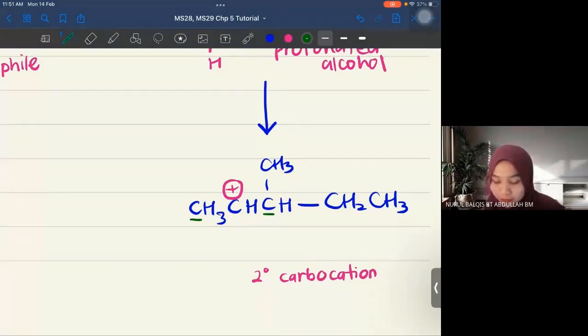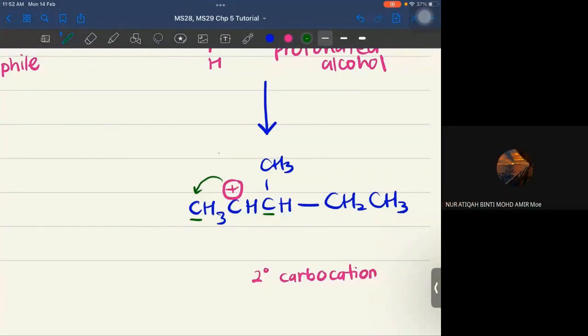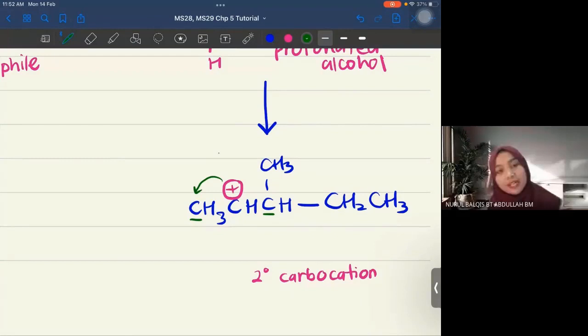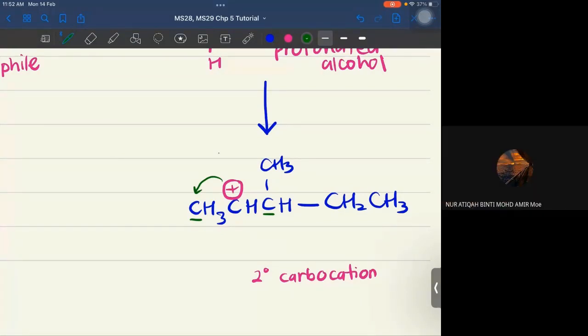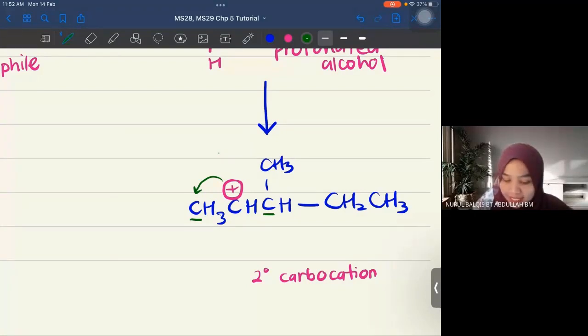If you want to rearrange this second carbon to the first carbon, are you going to get a more stable or less stable carboxyl ion? Kalau kita nak gerakkan dia ke kiri, dia akan dapat a more stable or less stable? Less stable. Jadi rearrangement perlu ke kalau dari more to less? No. Tak perlu. Okey, jadi kita sekarang ni kita nak aim for a more stable.